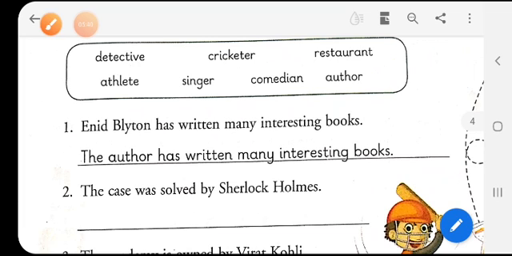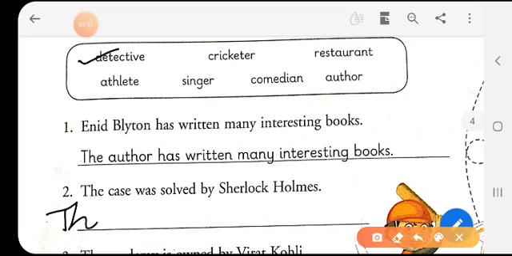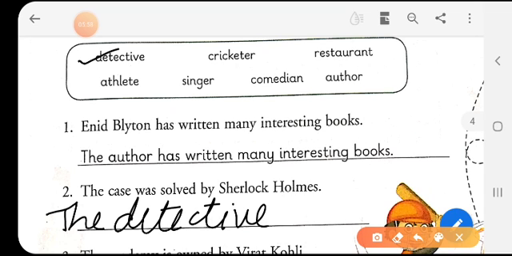Now the case was solved by Sherlock Holmes. Who was Sherlock Holmes? He was a detective. So here we have the word detective, and we will write that, D-E-T-E-C-T-I-V-E, detective.